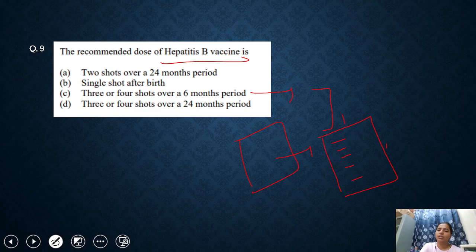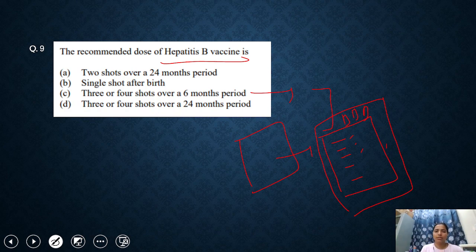In that card they have also mentioned the doses and the number of doses that are required. For some vaccines only a single dose is required. So from there also you can see what vaccines you have taken only once and how many shots you have taken for a particular vaccine.